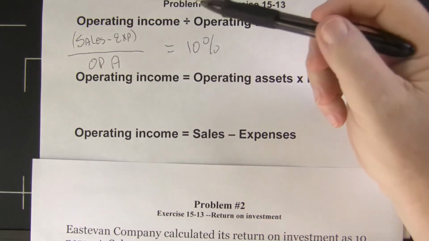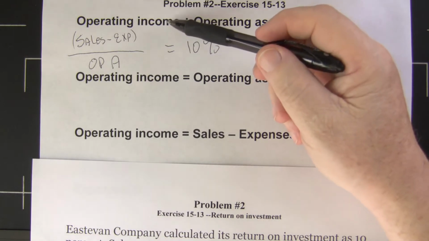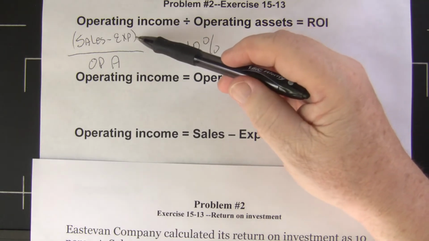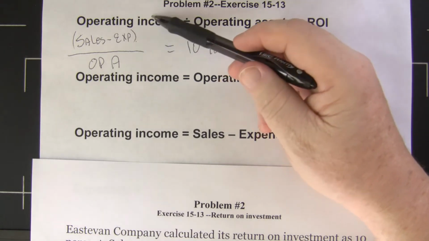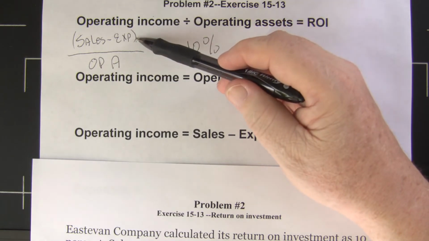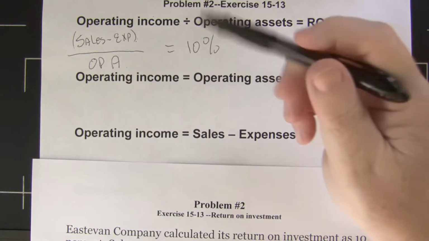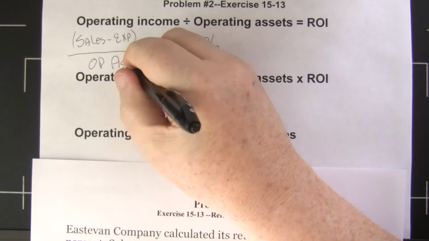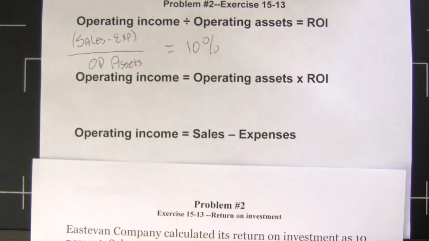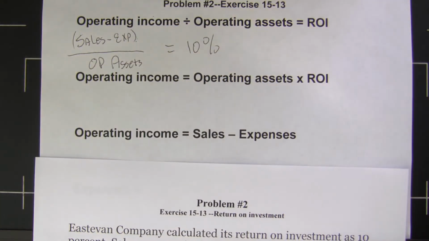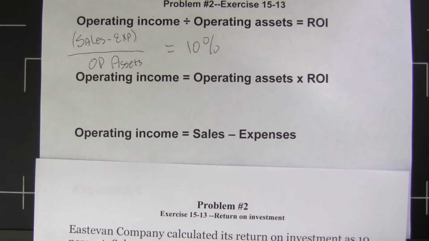So all I did was take operating income and change it to sales minus expense, divided by operating assets. Should make that a little clearer. So we have 10%.